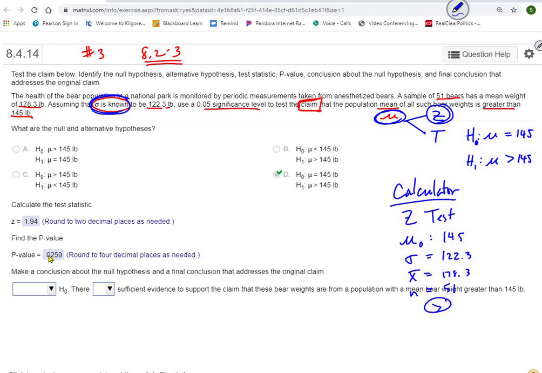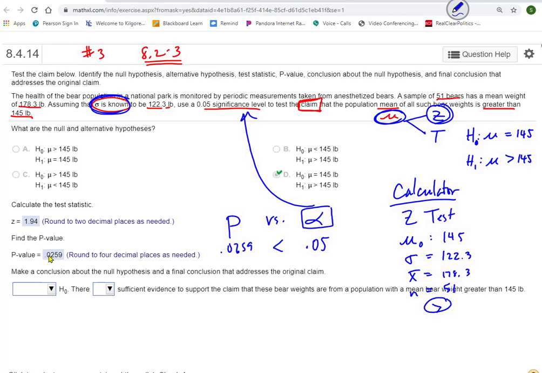And then remember, you're going to make a decision based on the p-value versus the alpha. Now, the p-value you just found, 0.0259. The alpha is the significance level, which will always be given to you. So here we have 0.05. All you have to do is compare them. 0.0259 is less than 0.05.